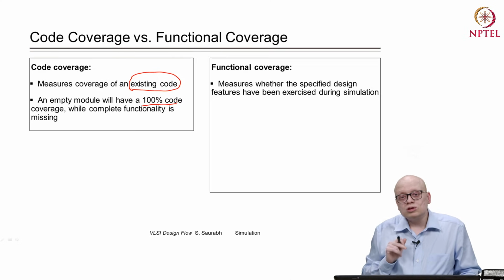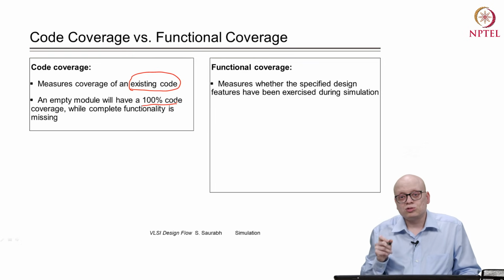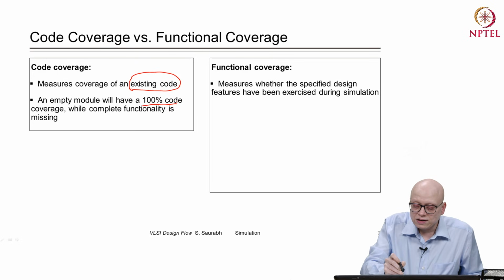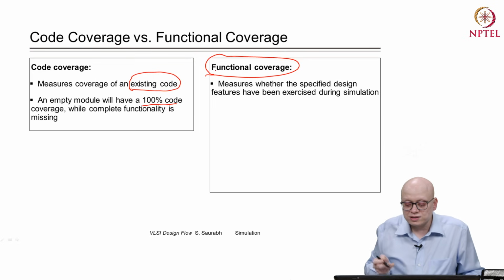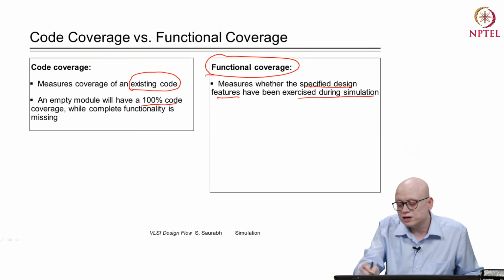So, in those cases, another measure of the quality of the test bench or thoroughness of testing is used, and that is known as functional coverage, right. So, what is functional coverage? It measures whether the specified design features have been exercised during simulation.